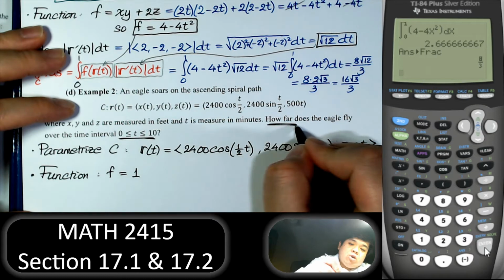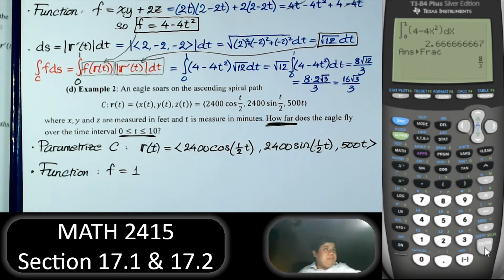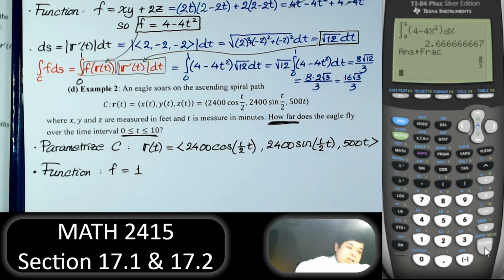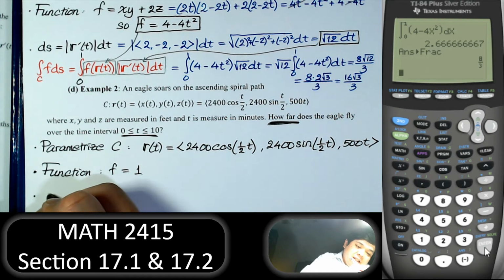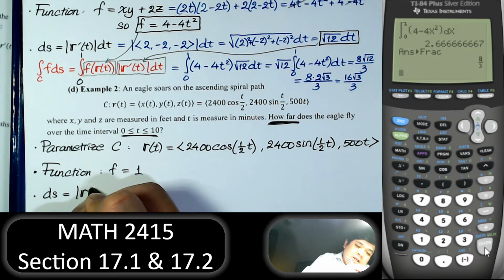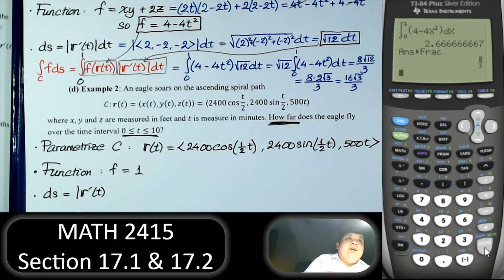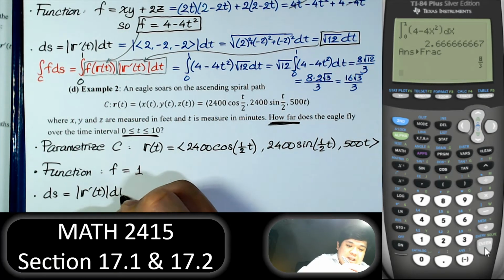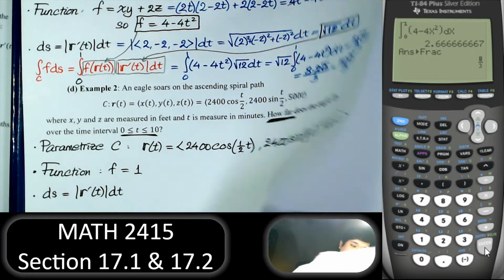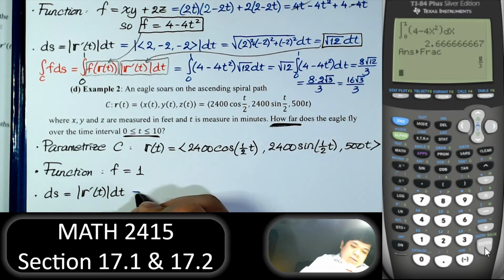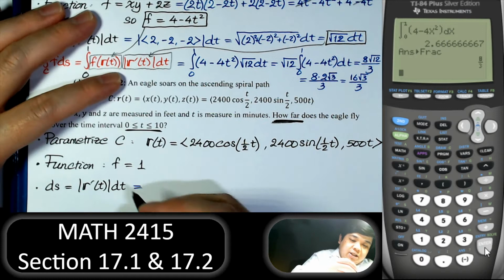So pretty much we ask for the distance traveled. And now we find ds, the magnitude of the derivative of r times dt. So we'll take the derivative of this.